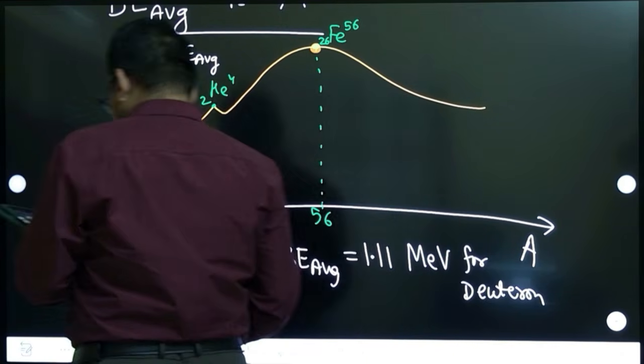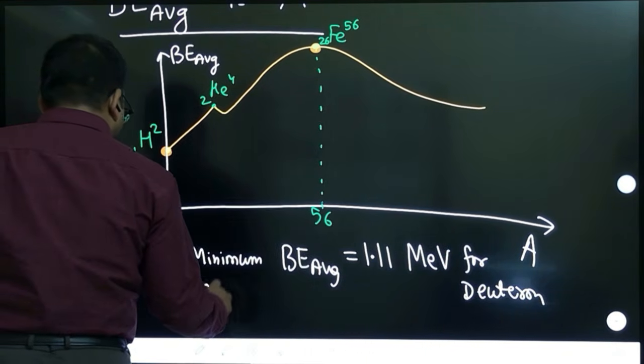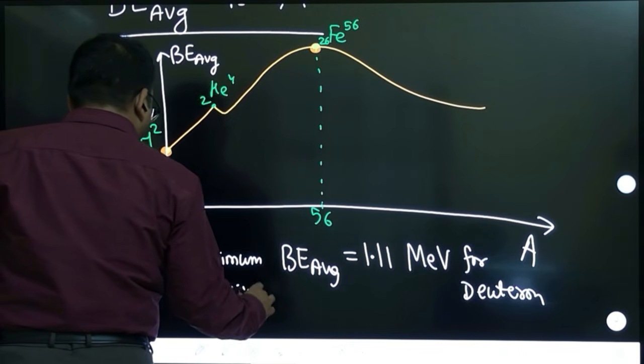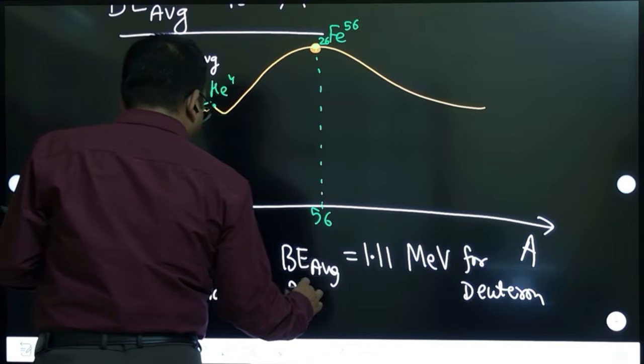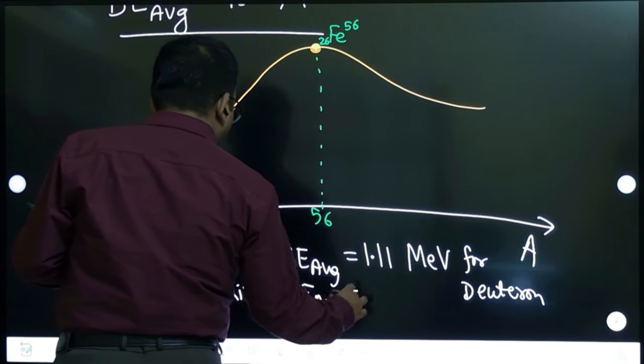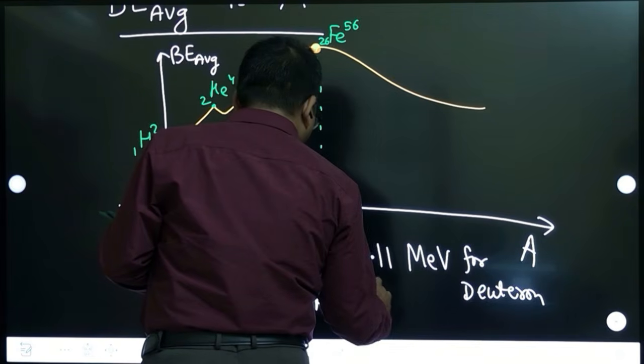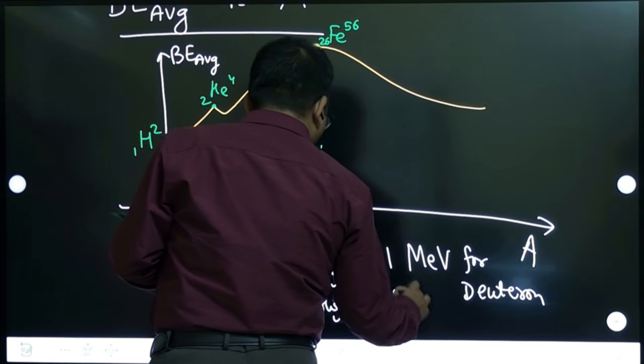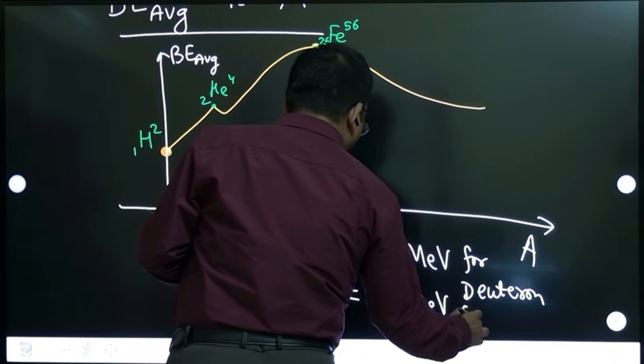This is a hydrogen isotope. The maximum average binding energy is 8.75 million electron volt for iron.